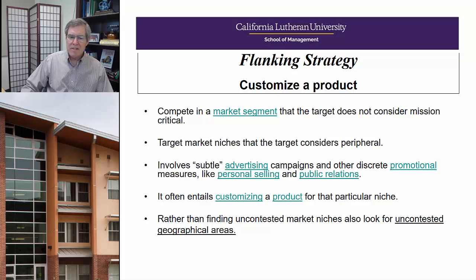It involves subtle advertising campaigns and other discrete promotional measures like personal selling and public relations. This also includes social media activities. It often entails customizing a product for a specific and particular niche. Rather than finding uncontested market niches, also look for uncontested geographical areas to target.